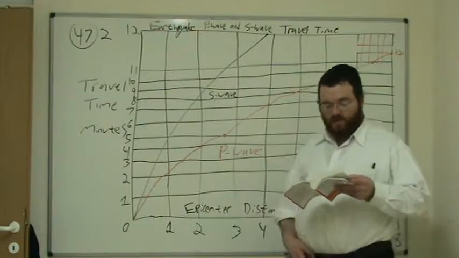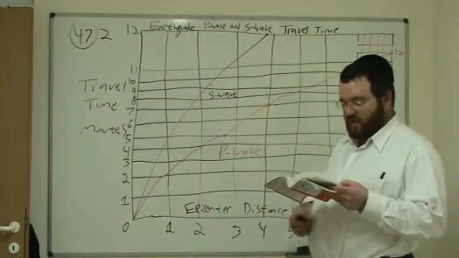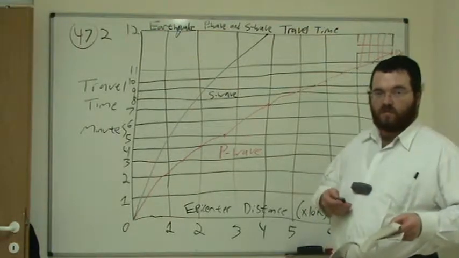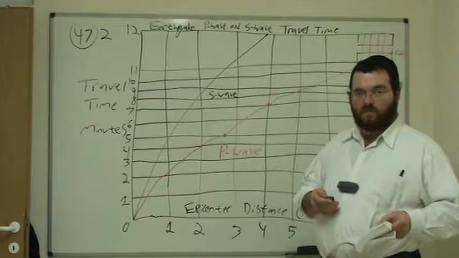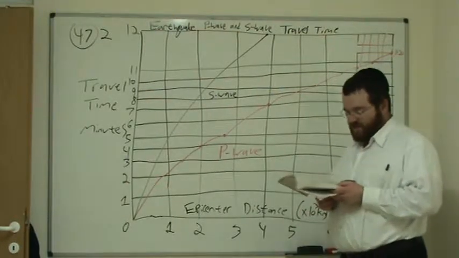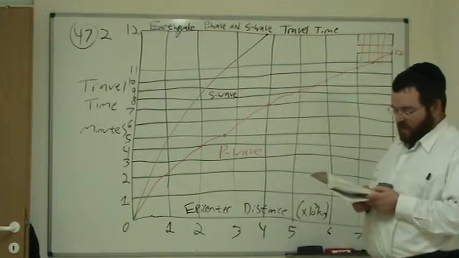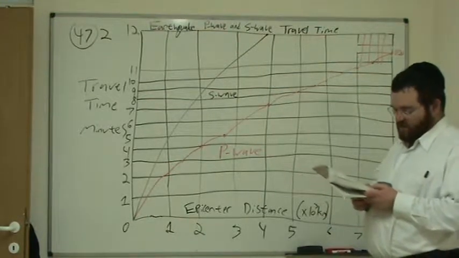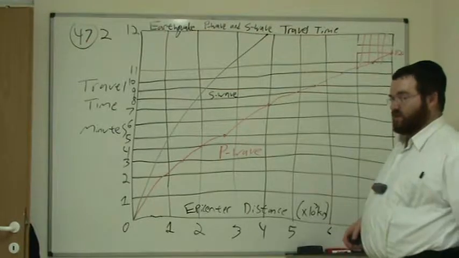Question 47. Station D is 8,000 kilometers from the earthquake epicenter. How long did it take for the P wave to travel from the epicenter to station D?